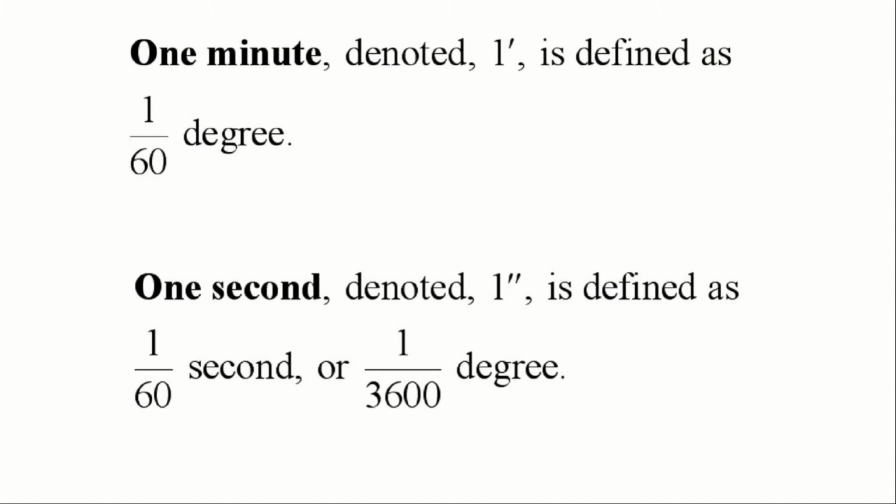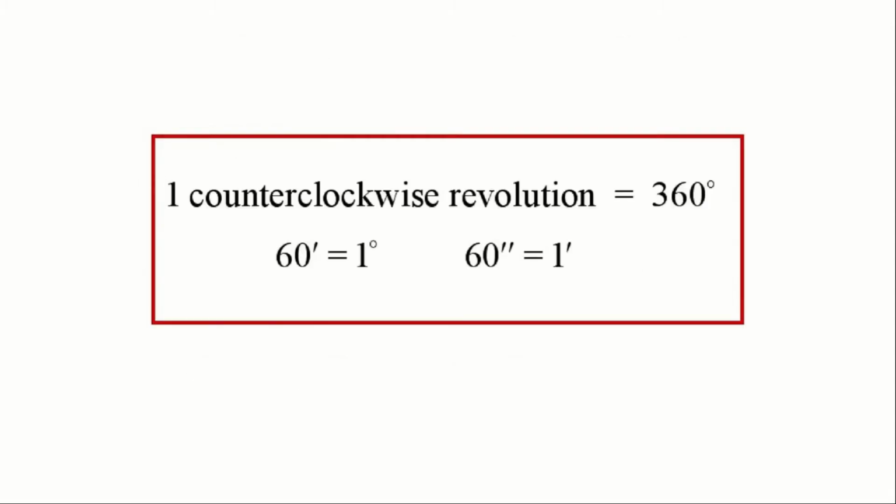So 1 minute is equal to 1 by 60 degree and 1 second is equal to 1 by 60 minute, or 1 by 3600 degree. So 1 counterclockwise revolution is 360 degree, 60 minute is equal to 1 degree and 60 second is equal to 1 minute.